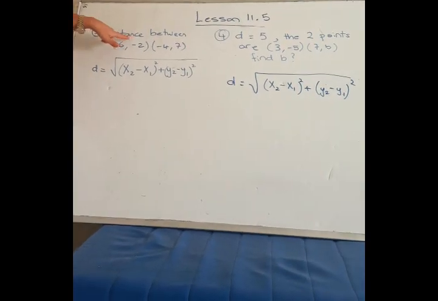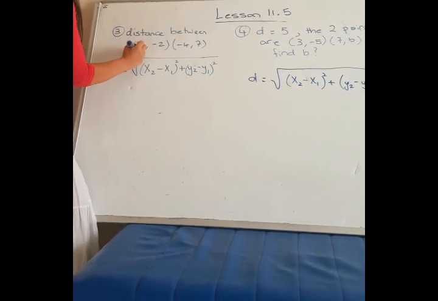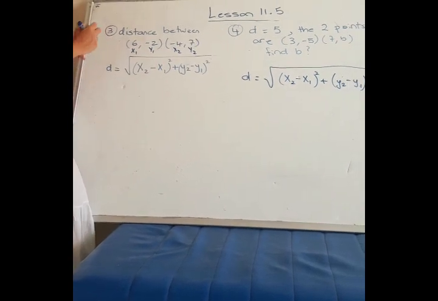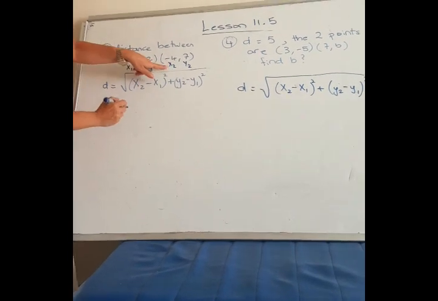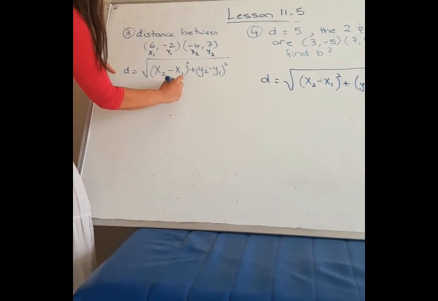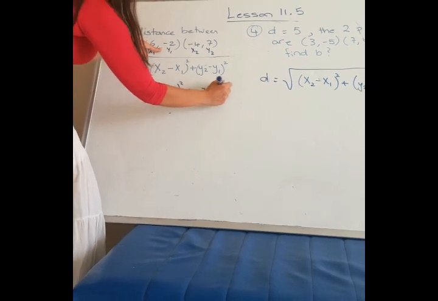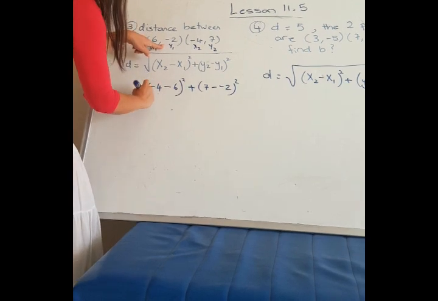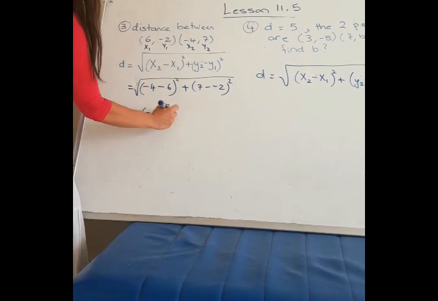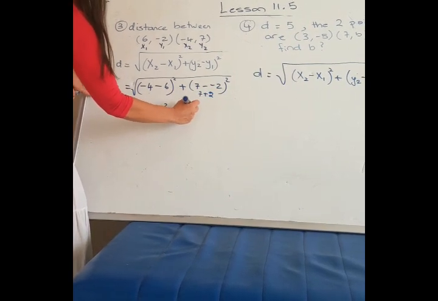The third example is the distance between (6, -2) and (-4, 7). The first thing I do is I label x1, y1, x2, y2, and then I substitute. x2 is -4 minus 6, all of this to the second power, plus y2, 7 minus -2 to the second power, and the radical to it. -4 minus 6 is -10 to the second power, plus 7 plus 2, which is 9 to the second power.